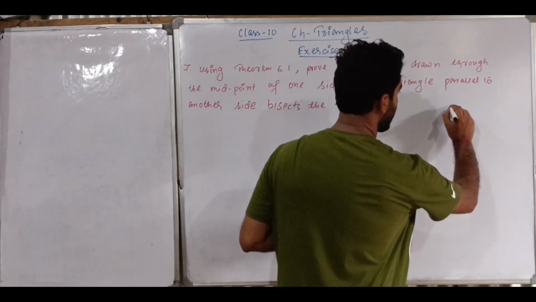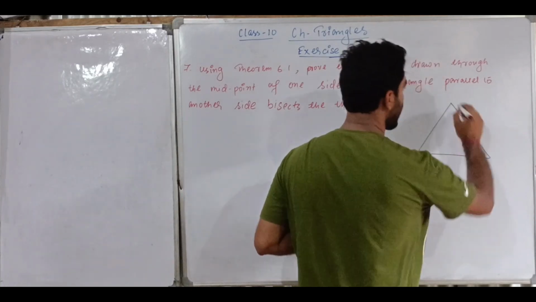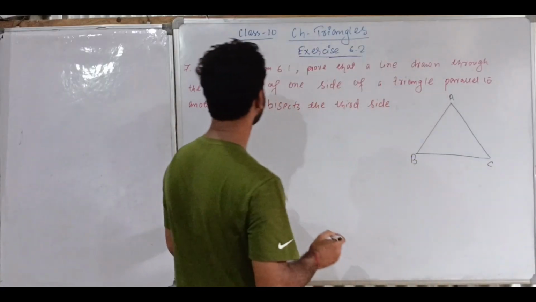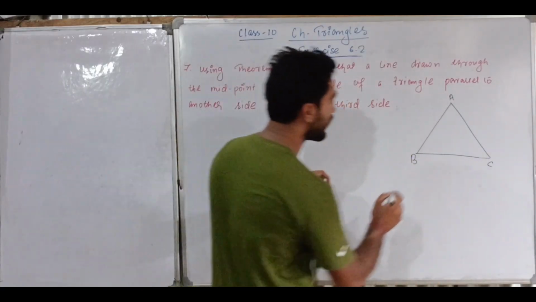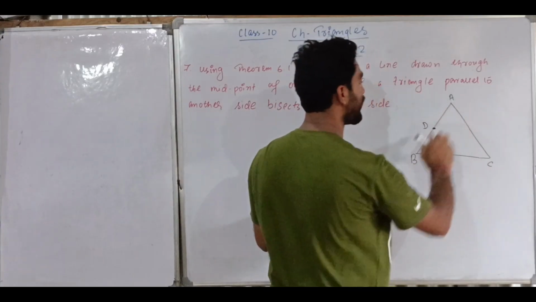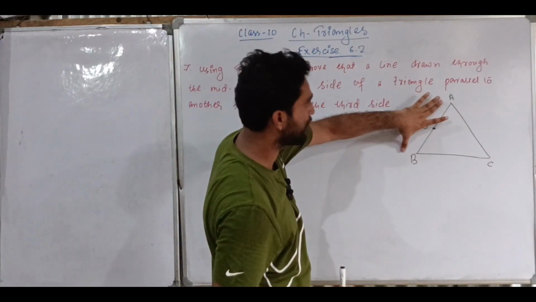So according to this question, let's suppose one triangle is given, triangle ABC. Let's suppose this point D is the midpoint of AB.